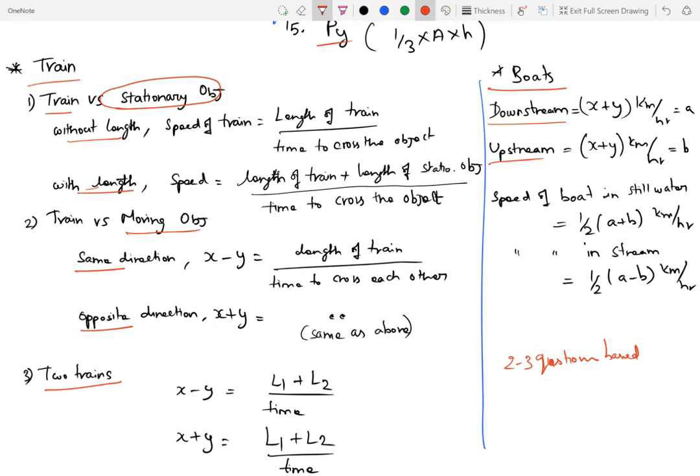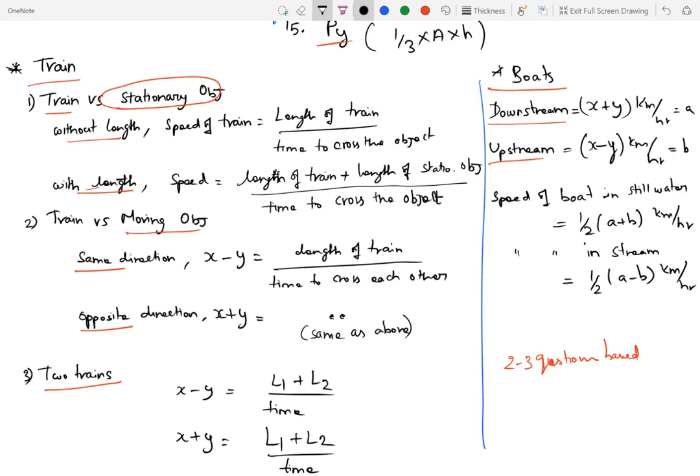Okay, here we have listed downstream formulas: downstream is x plus y kilometer per hour. Upstream is x minus y kilometer per hour. Similarly, for boats, we call it downstream and upstream.